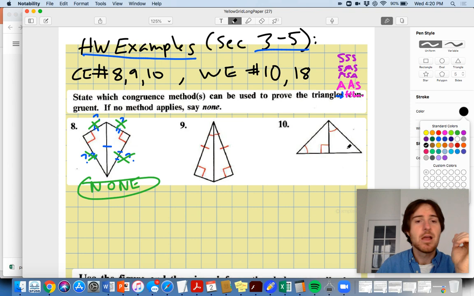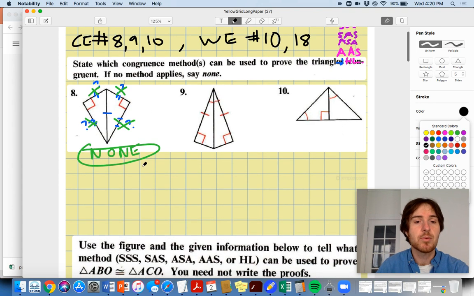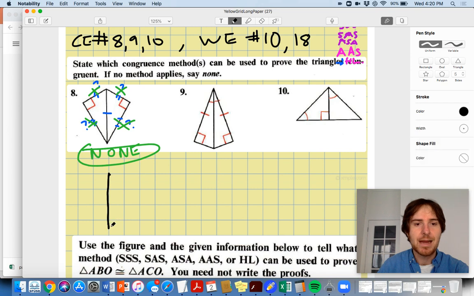Because it's possible they want to trick you, so they're drawing it in a way that looks congruent here. But I'm going to show you maybe a counterexample that's a little bit more dramatic than the way they drew it. So here we have a right angle, shares a hypotenuse, and maybe I'll draw a 45-degree angle here. I can form a right triangle like this, okay, and clearly these triangles are not congruent, right?